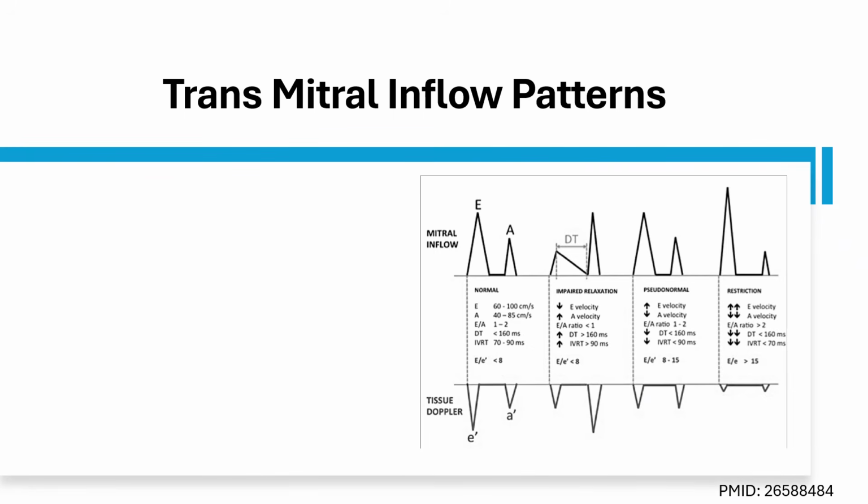So next, let's discuss different patterns of transmitral inflow. On the top part of this graph, you have a normal pattern where E wave is faster than A wave. Then you have three types of diastolic dysfunction. First being impaired relaxation.